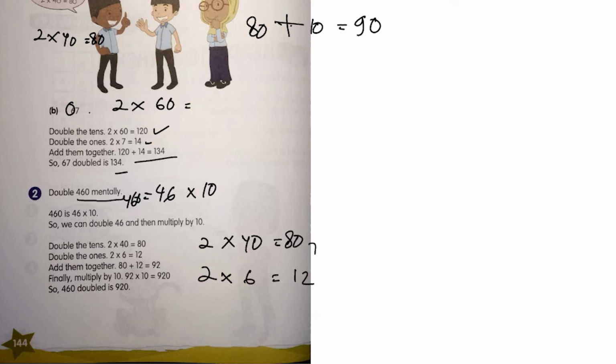So add them, equals 92. Now 92 times 10 equals 920. So the double of 460 is 920.